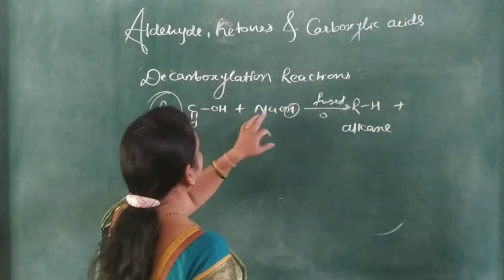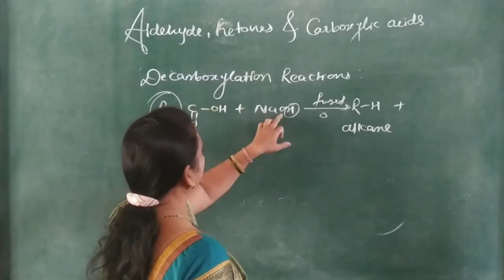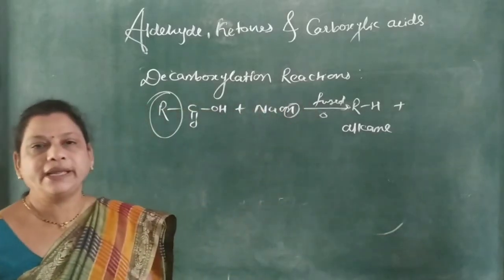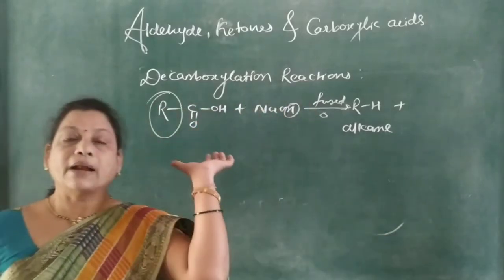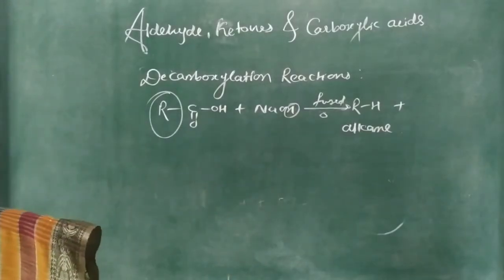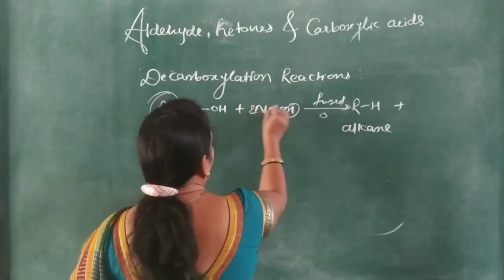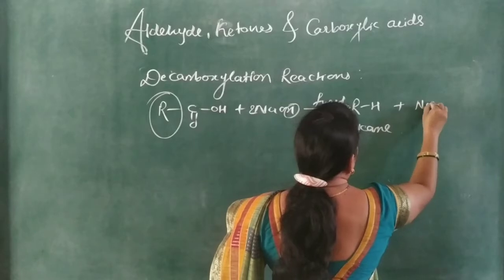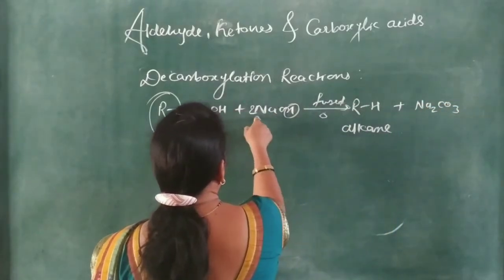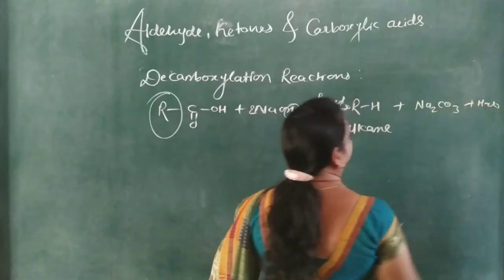And then the COO combines with Na, so it forms Na2CO3, that is, evolution of CO2 in carbonate form, plus H2O.